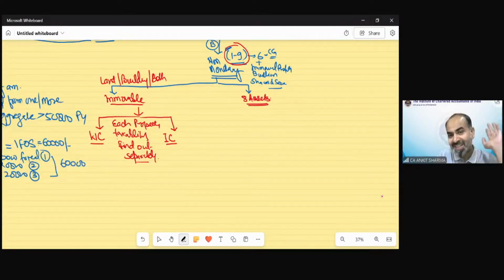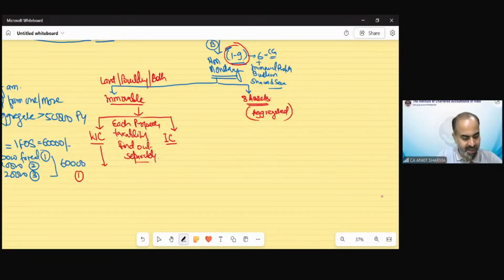In these assets, this is aggregated, need to be searched out. In aggregate, we have to search the income from other source. But in case of immovable property, we have to apply the provision to find out whether it is taxable or not, separately in case of each asset. Clear?